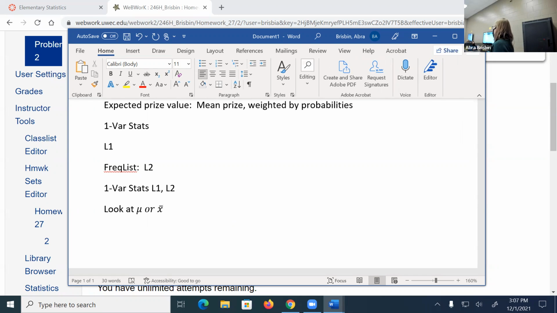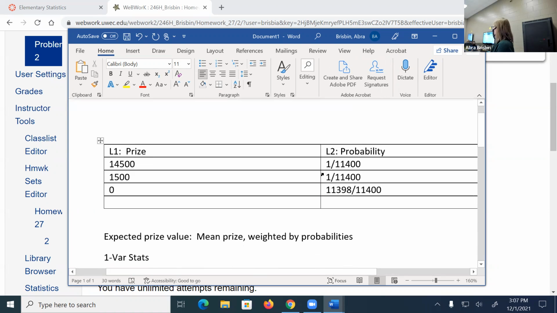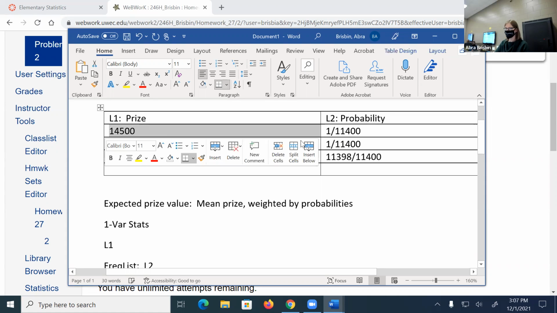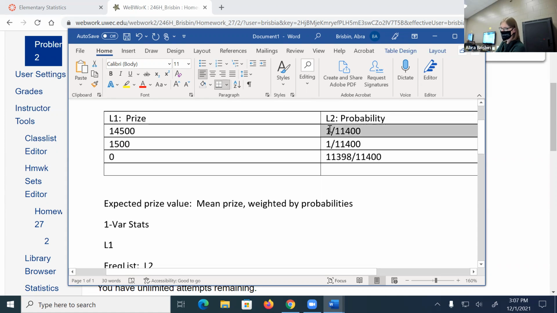So what that's doing is it's finding the average value of the prize weighted by these probabilities. And really that's the same as saying, take the value of each prize times its probability and add them up.